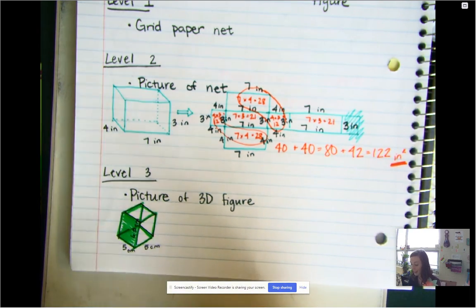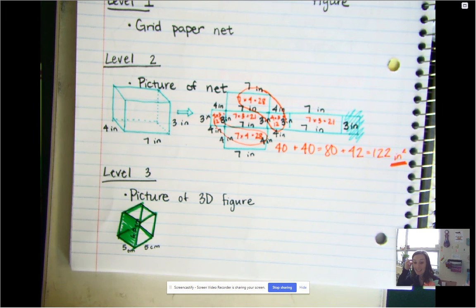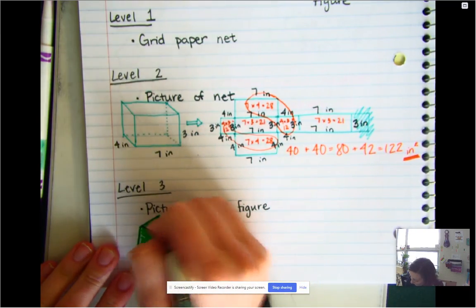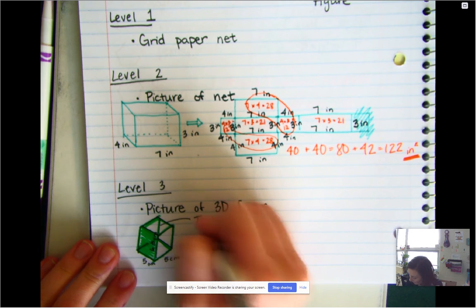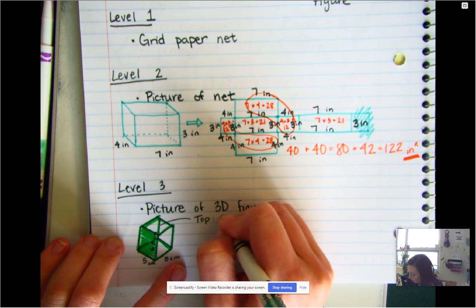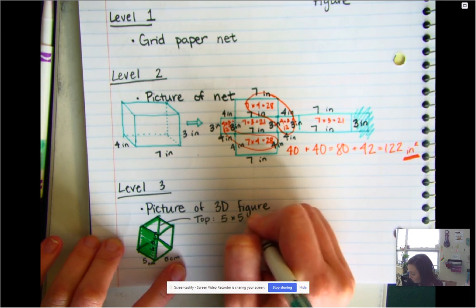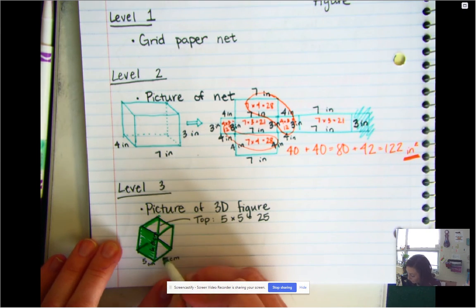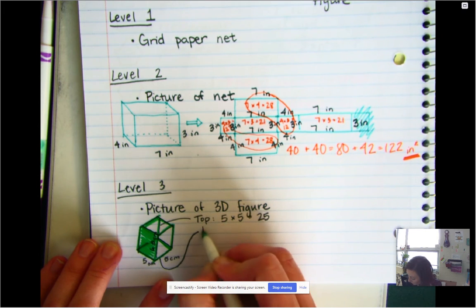So using that, now I have to mentally make sure I'm finding the area of every single side. So let's start with the top. The top is a 5 by 5 rectangle. 5 times 5 is 25. The bottom, guess what, is going to be the same thing.